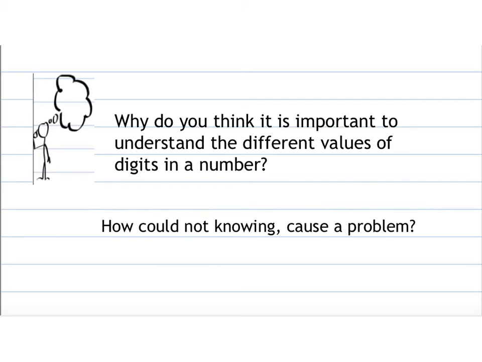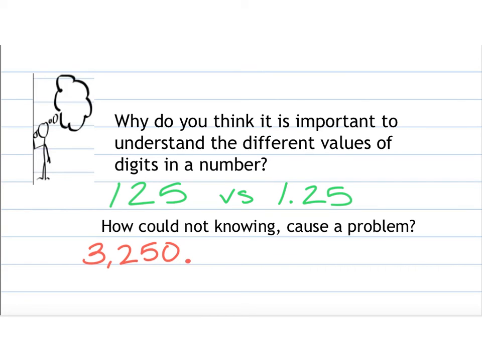So for example, what if I wrote down versus, why would that matter? Why would it matter for me to know the difference between what's in the front of this number versus what's in the back of the number, and so on.